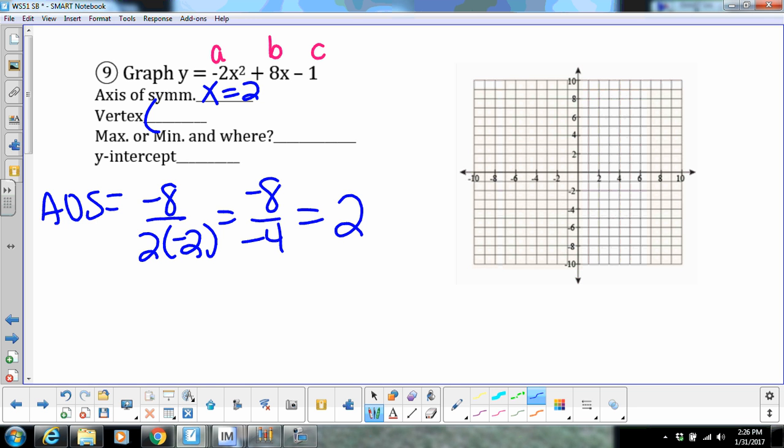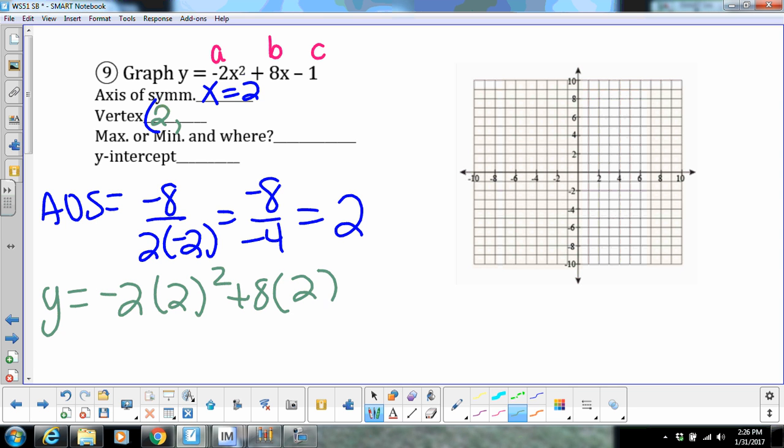Remember, your axis of symmetry is your x value of your vertex. Now to find my y value, I plug that x value in. 2 squared gives me 4. 4 times -2 gives me -8, plus 16 minus 1.